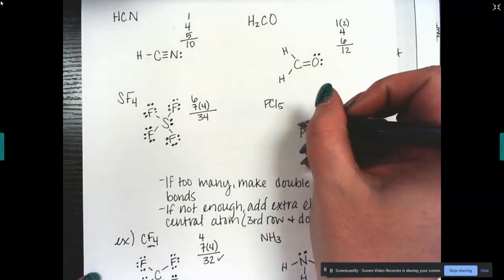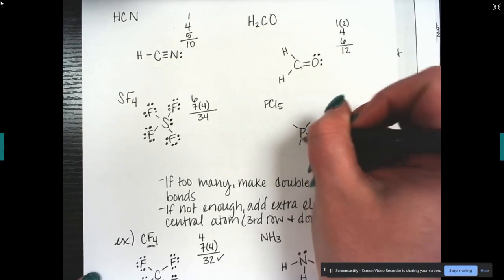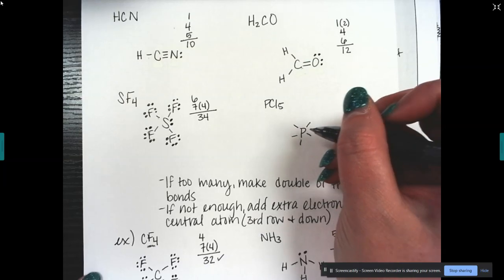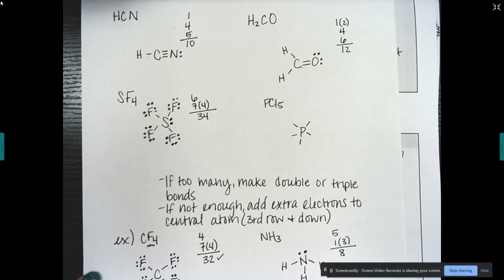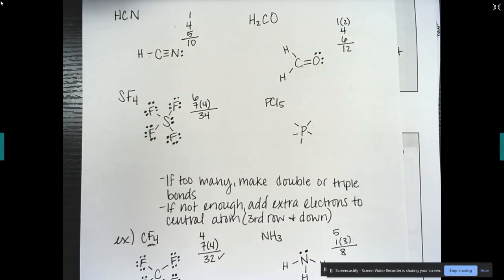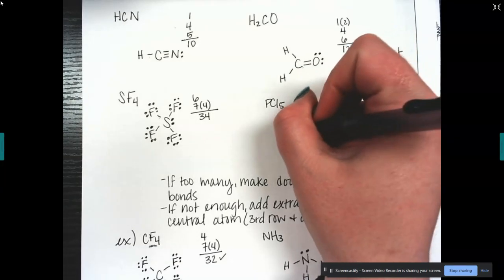It needs one more. That was my bad. So what we can do in this case is put 5 chlorines. NCl5 is not a thing because nitrogen can't do this. It has to be third row or lower. So we're going to put 5 chlorines around that central atom.